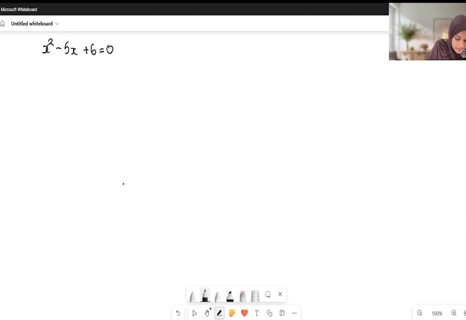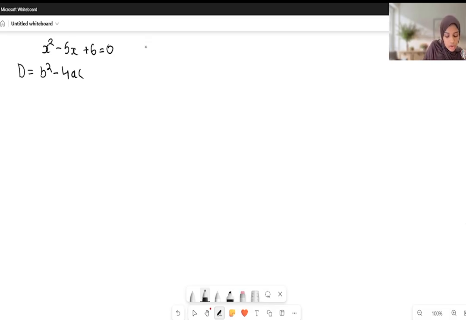So here, first of all, we can find the discriminant, and the equation of the discriminant is D is equal to b square minus 4ac. Okay. Now we have to identify this equation and find the values of a, b, and c.